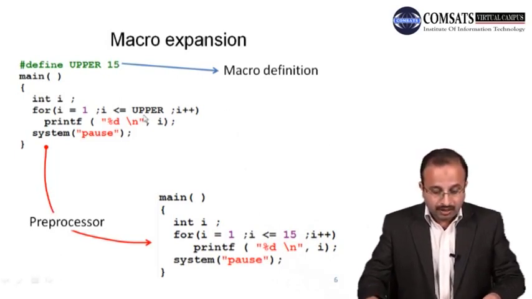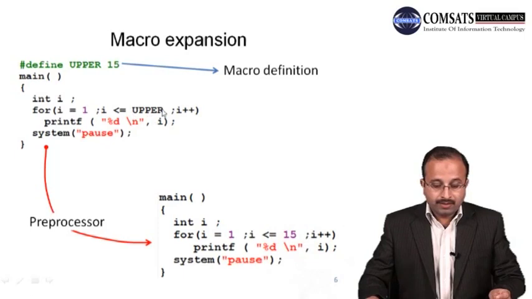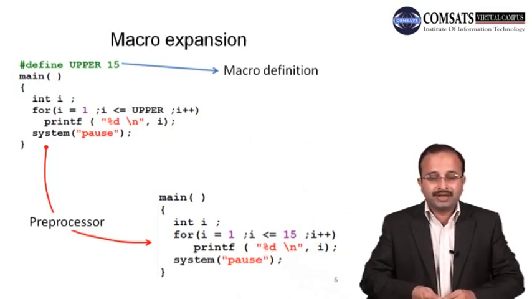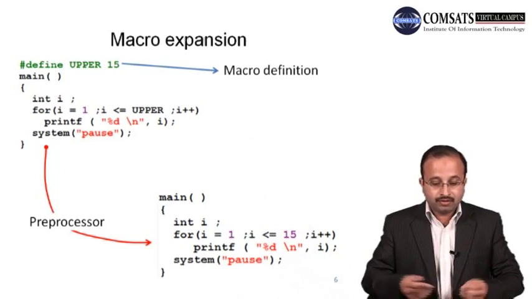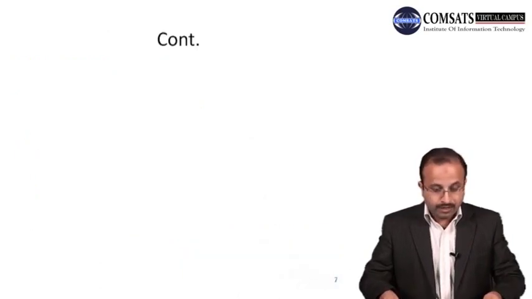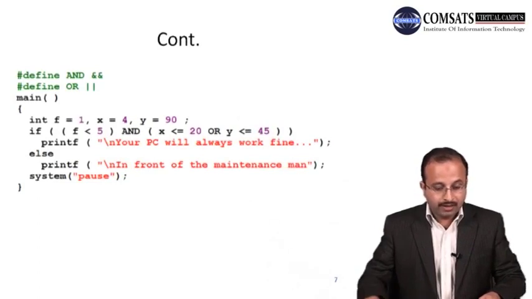It is a convention, the way to write code, that whenever there is a macro, you write it in capital letters. Then when you go through your source code, it will be very easy to determine that this is a macro, because all the macros in my program are uppercase. So that's why you write in capital letters.